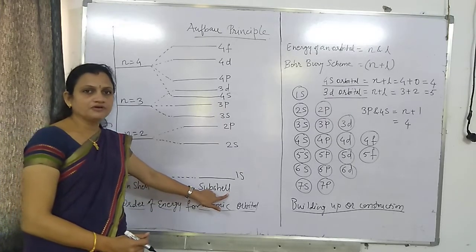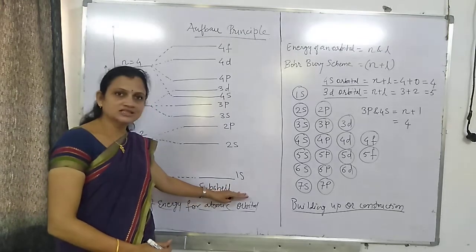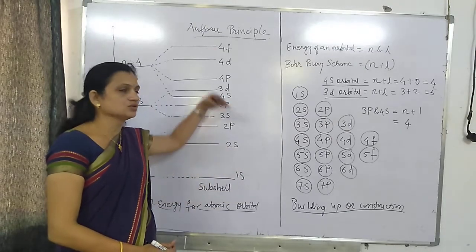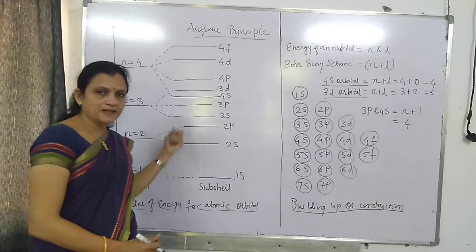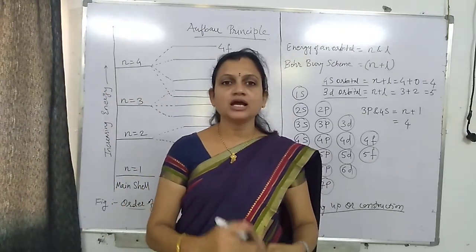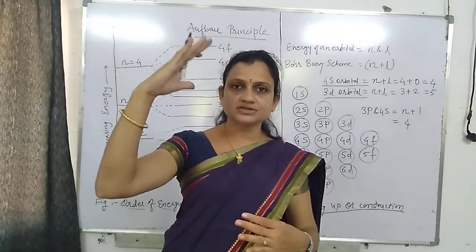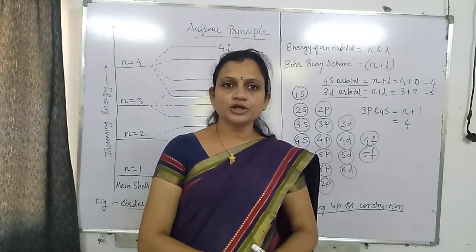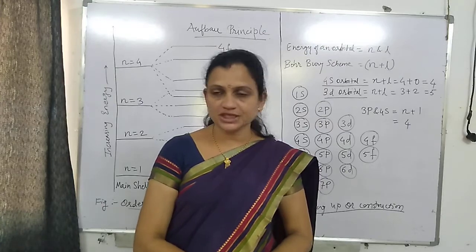Now the filling of electron takes place from ground state or the lower energy state, and then it goes to the upper state with the increasing energy level. Here we will first fill electrons in the lower state, after that the energy level will keep increasing, and with the increasing energy level we are going to fill the electrons in different shells and subshells.